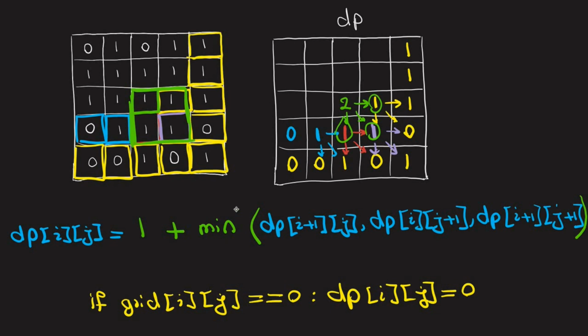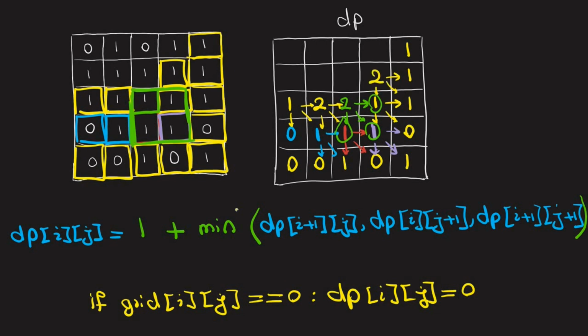Let's go forward. For this one, it's again 2, 1, 1. Minimum is 1, plus 1 is 2. For the other one, it's 2, 1, 0, minimum is 0, plus 1 is 1, so it's 1 here. And again for this one, I consider this element is 1, 1, 1, 1 plus 1 is 2.